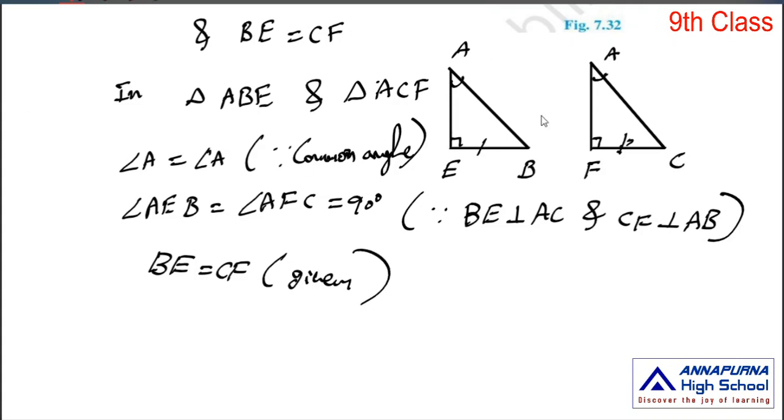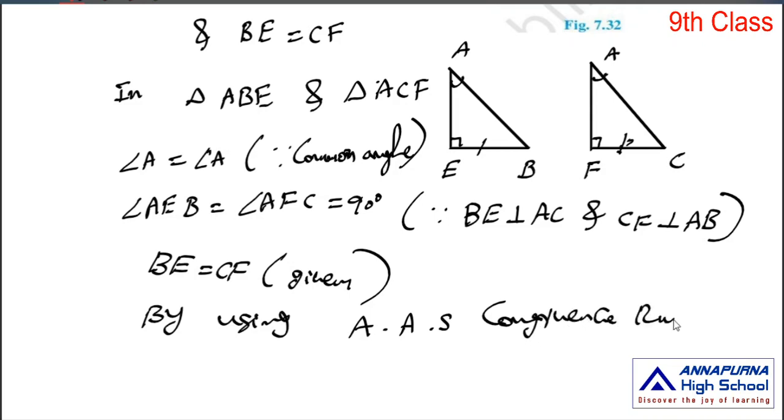Therefore, by using the angle side congruence rule, these two triangles are congruent. Triangle ABE is congruent to triangle ACF.